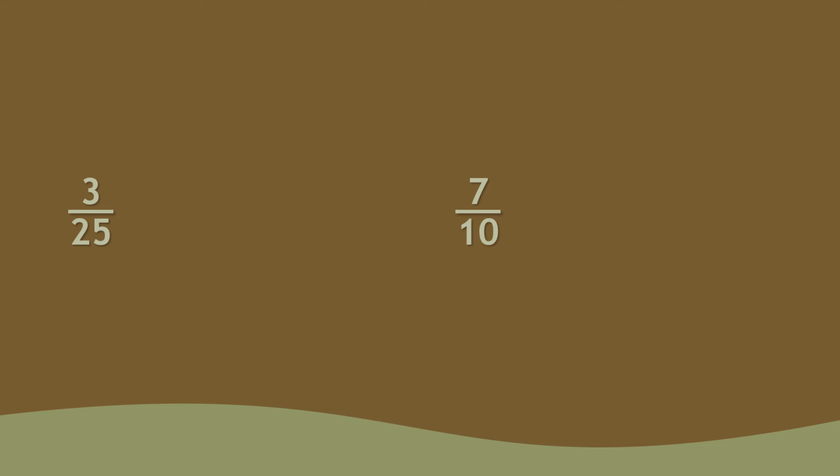So before we wrap up and you start your practice problems, we're going to just do a quick review. I want you to take a look at these two common fractions, and we need to turn these two common fractions into percents. What I want to point out about these two, and this is where you should always start, is first take a look at the denominators.